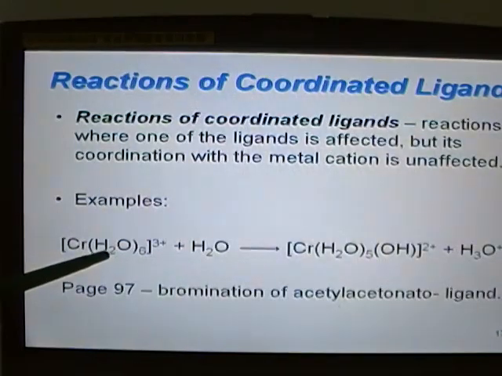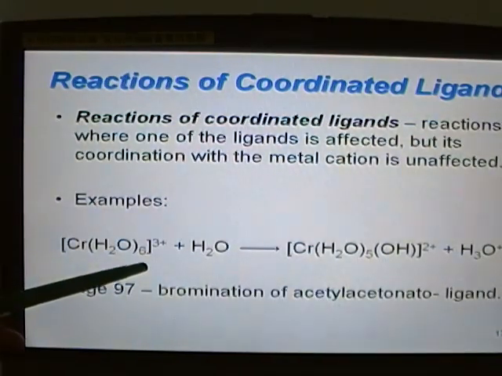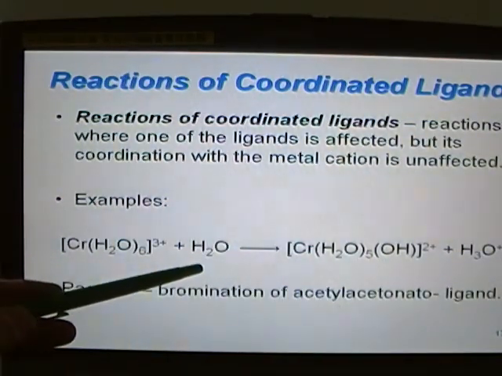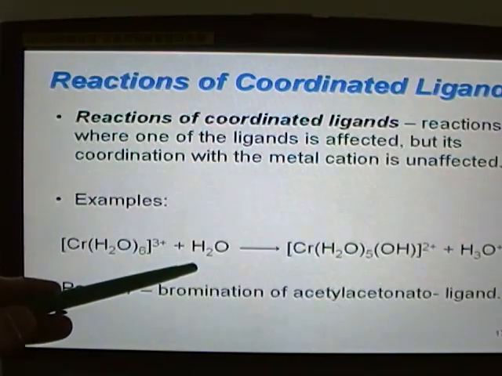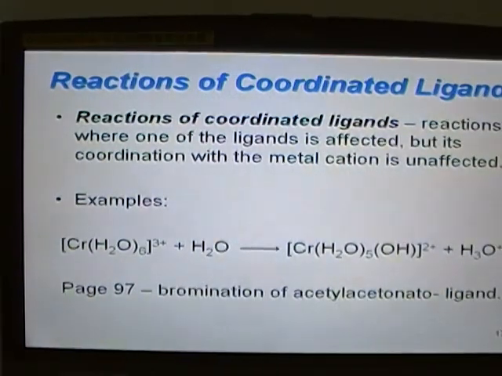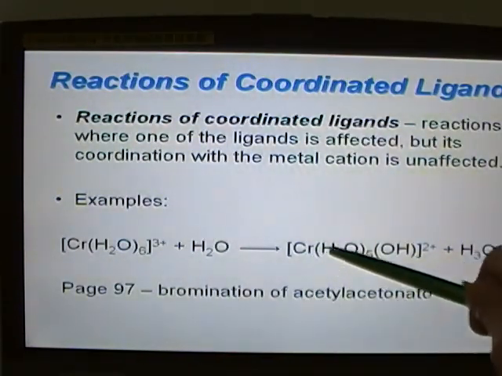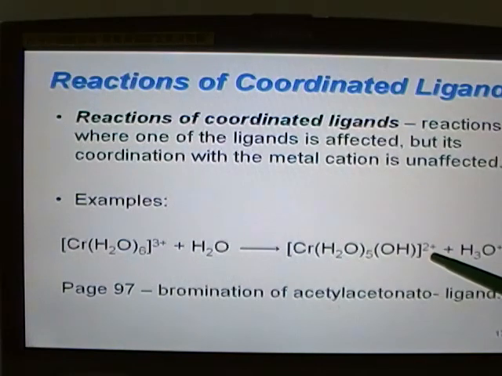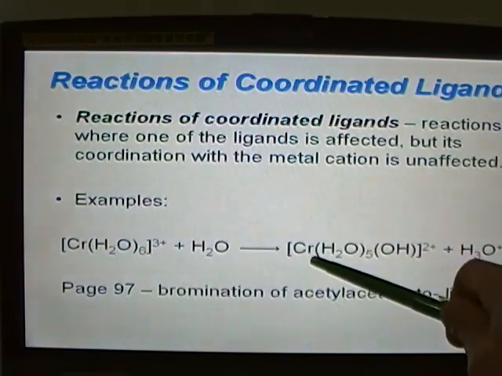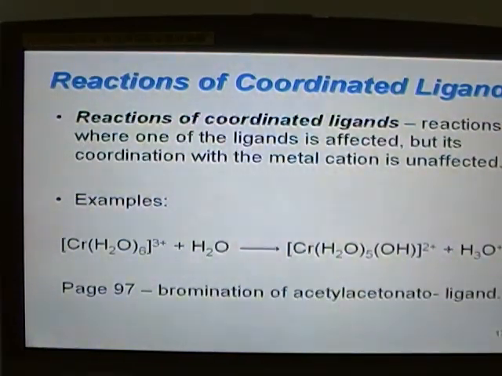This is kind of an easy little example to think about. Chromium [Cr(H2O)6]3+ can react with water in an acid-base reaction. One of the waters can lose an H+, and H2O can pick it up, forming H3O+. Since OH has a 1- charge, chromium, since this entire compound has a 2+ charge, must still be chromium 3+.